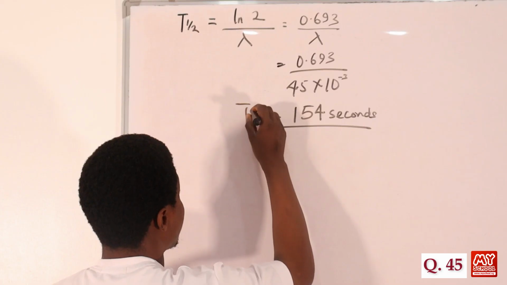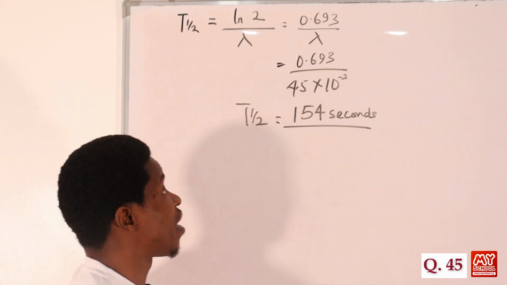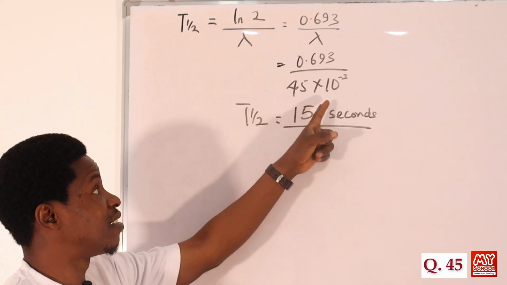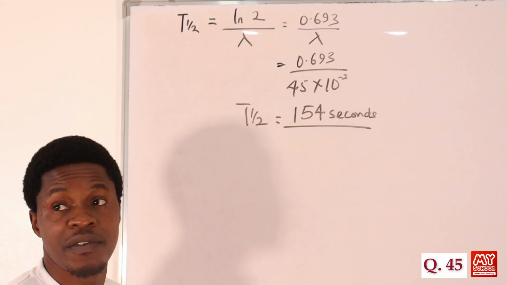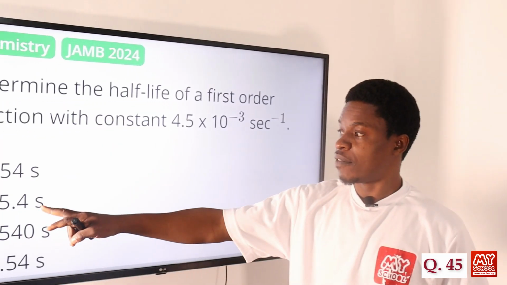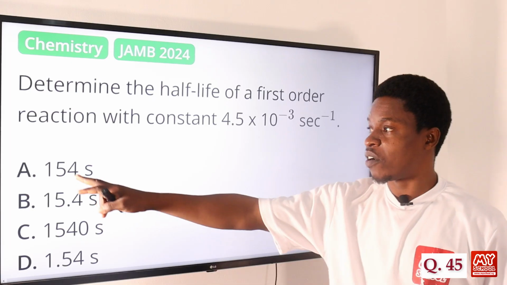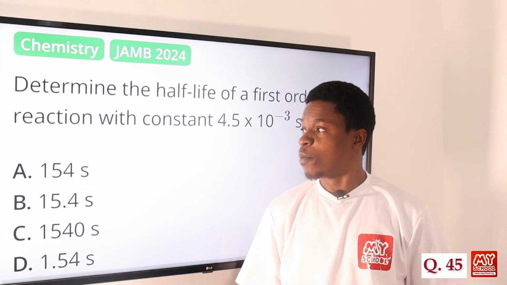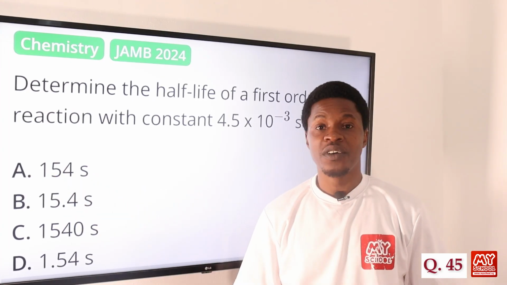So the half-life of a first order reaction with the constant of 4.5 times 10 to the power minus 3 is 154 seconds. Let's move on to the screen now. Option A has that 154 seconds there. So the correct answer is option A, 154 seconds.